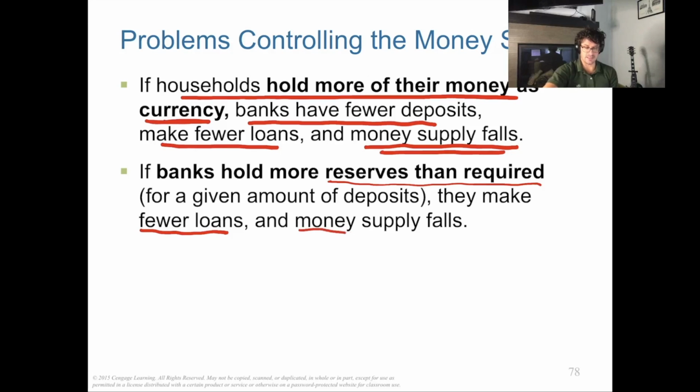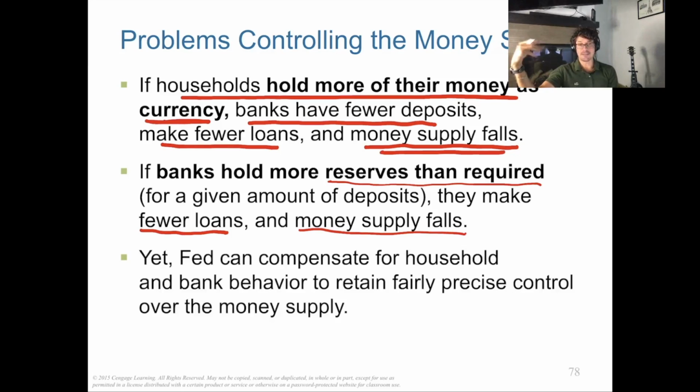And therefore, this will also cause a fall in the money supply. Yet, the Federal Reserve can compensate for household and bank behavior to retain fairly precise control over the money supply. So there is always some possibility for the Fed to compensate for this endogenous behavior of households and banks.